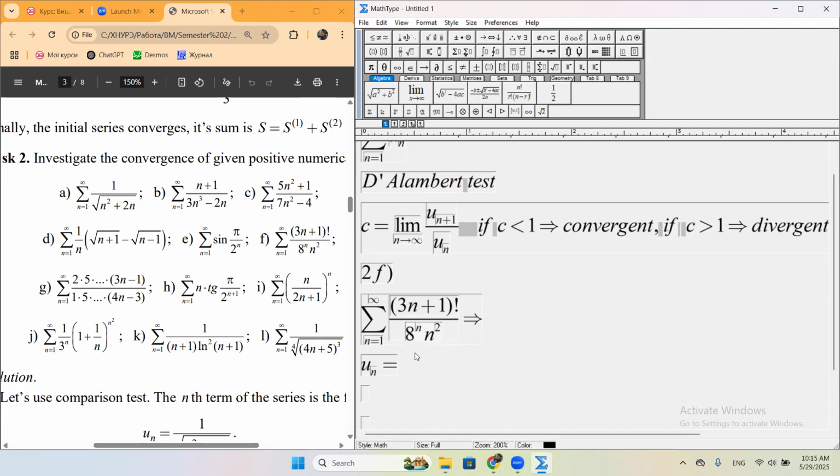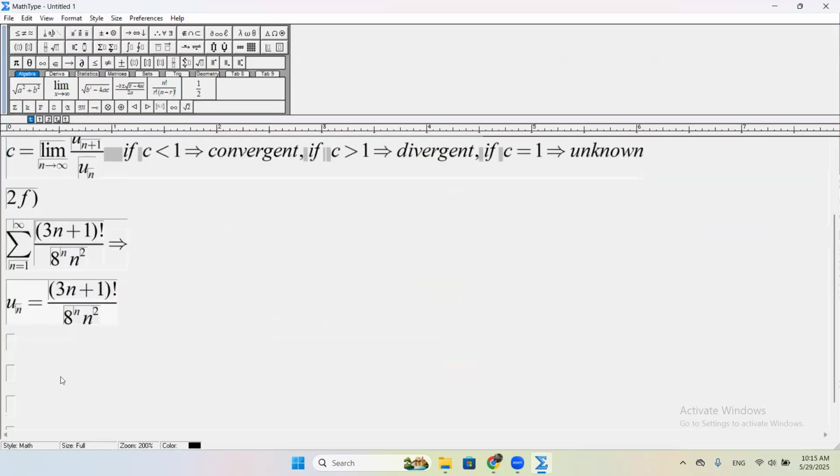So the nth term is the following. And what about the n plus first term? So n plus 1. We have the following term.